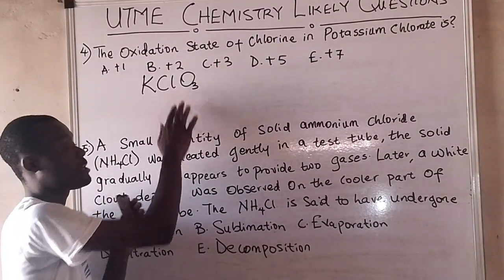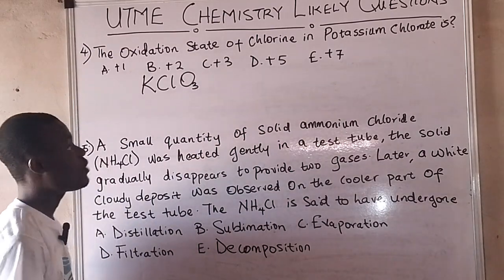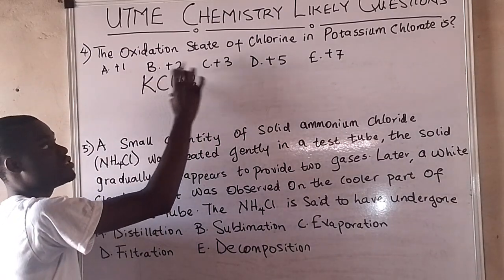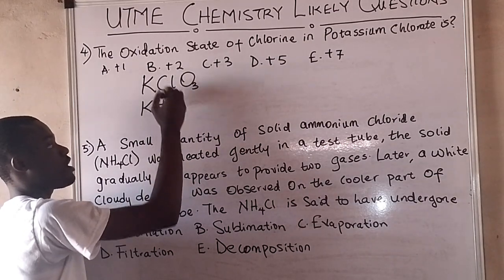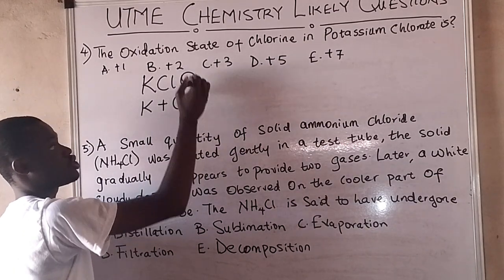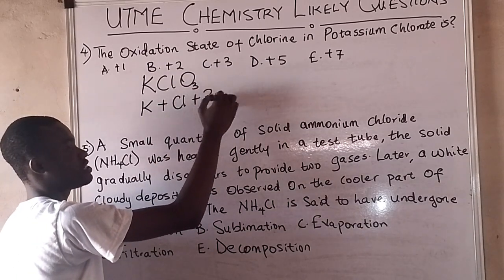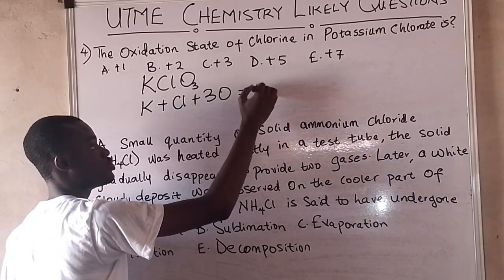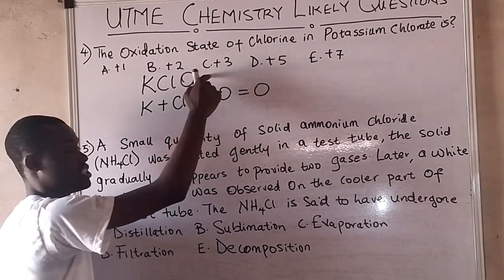If you look at this compound, there is no charge attached to it. So the rule says that if you add up the oxidation numbers of the individual elements, let's say the oxidation number of potassium plus the oxidation number of chlorine plus the oxidation number of oxygen, mind you, we have 3 atoms of oxygen, so that becomes 3O, it will be equal to 0, because this compound is not charged.